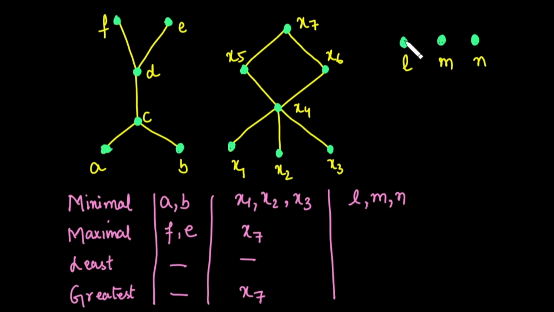There exists no element that is above them, so they act as maximal as well. Both are not unique, so the least and the greatest element don't exist. So this is very easy to identify if we know how to construct the Hasse diagram for the poset.